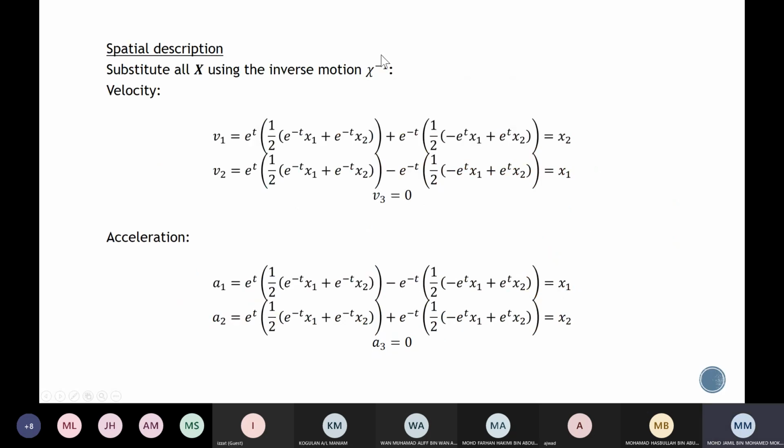Okay, so just substitute. So v1 equals x2, v2 equals x1, v3 equals 0, and then a1 equals small x1, a2 equals x2, a3 equals 0. So you just substitute the inverse into the material velocity and acceleration.